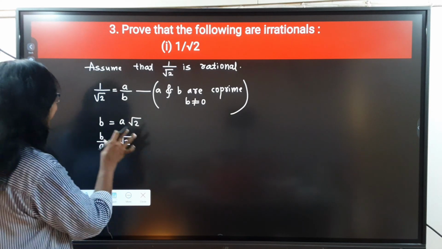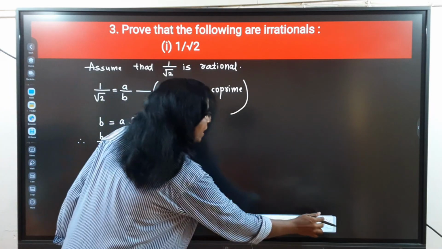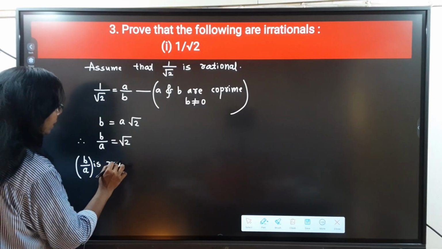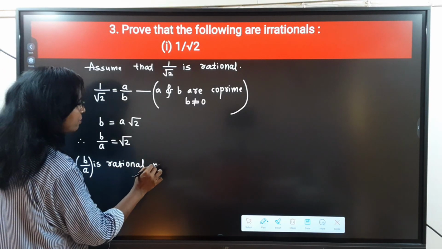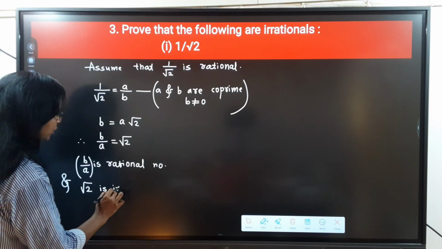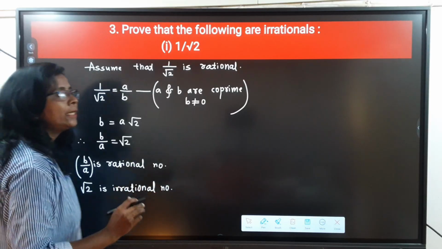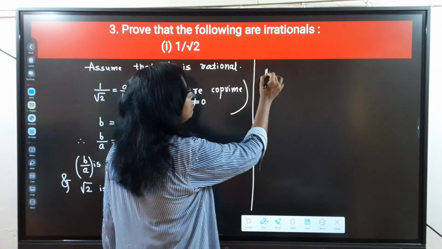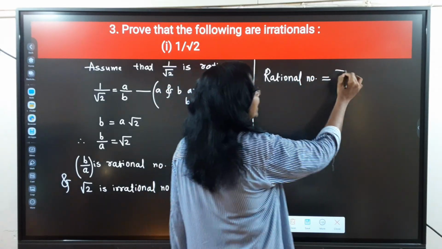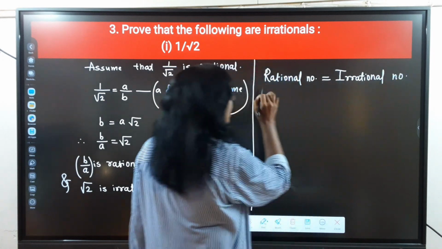So now at this step, b upon a is a rational number, and root 2 is an irrational number. So now students, a rational number is equal to an irrational number, which is not possible.